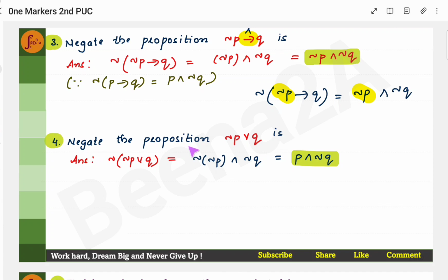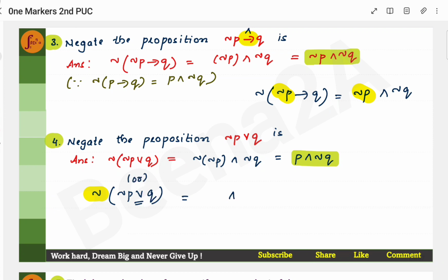Next one, negate the proposition when you have something like this. Now this means negation of this, right? You need to remember this negation. You'll have to put not here. Now how do you simplify this? So here only in conditional you have to put and. When you have something like this, reverse it. What is reverse of or? It's and.